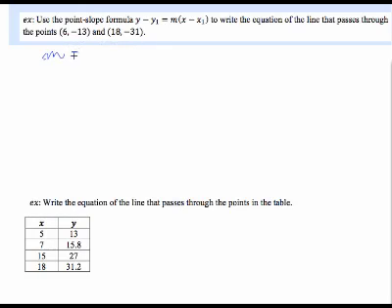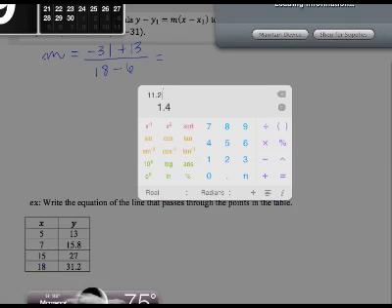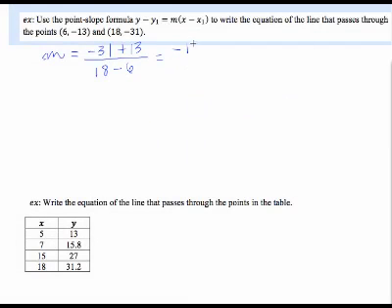So the slope is m equals y2 minus y1, which is negative 31 minus negative 13, going to become plus 13, all over x2, which is 18, minus x1, which is 6. Negative 31 plus 13, if you need your calculator, that's fine. Negative 31 plus 13 is negative 18. 18 minus 6 is 12.